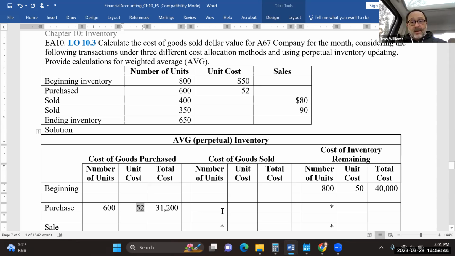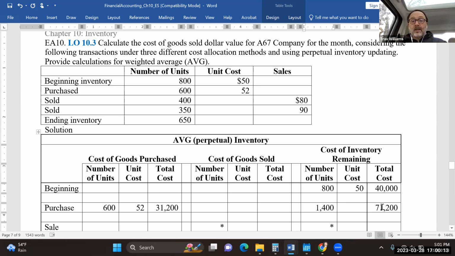The way we figure that out is we take the total cost that we already have plus the total cost from the new purchase. We have a total of $71,200 in costs so far. Then we take the number of units that we had previously plus the number of units we just purchased to get our total number of units.